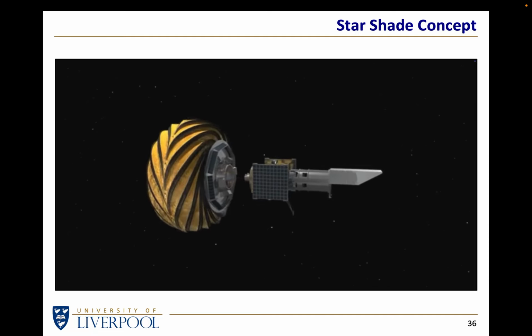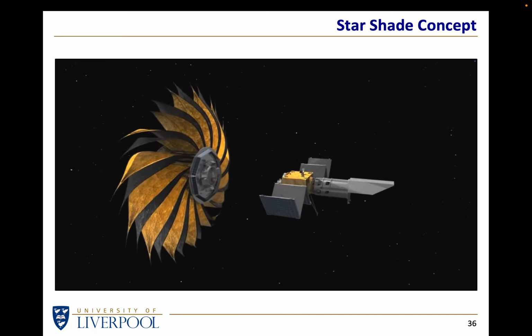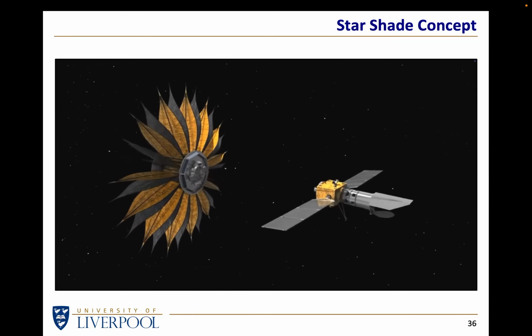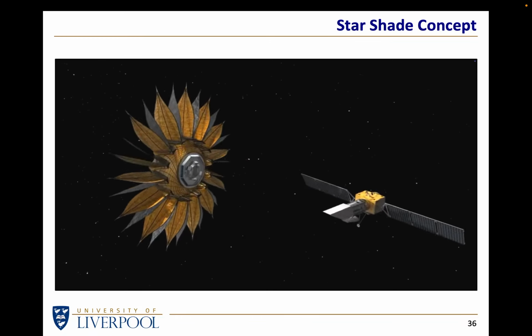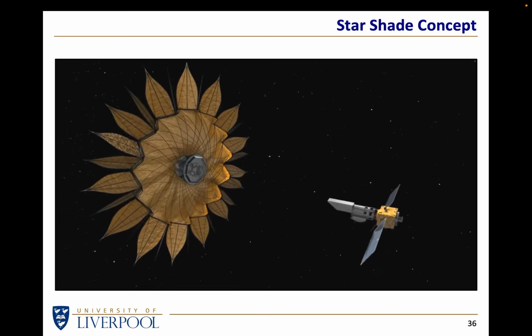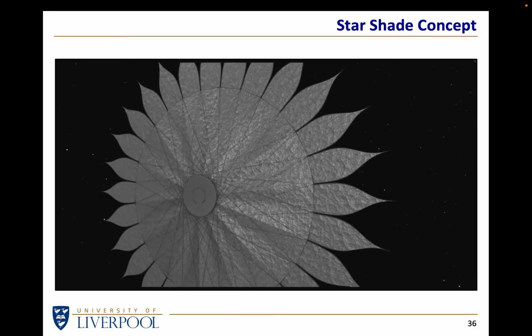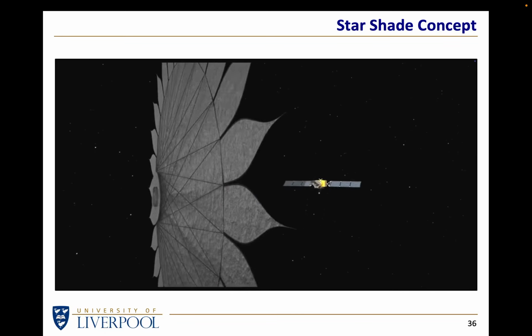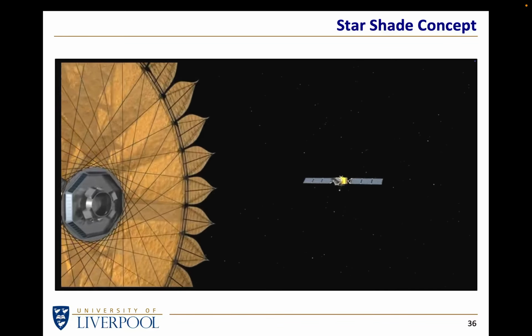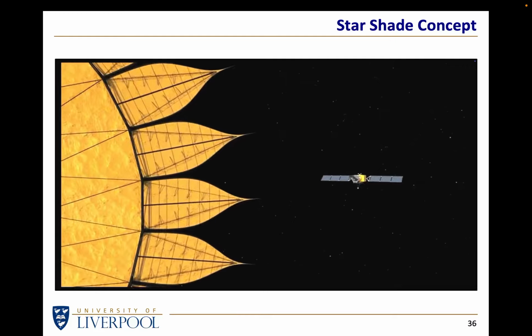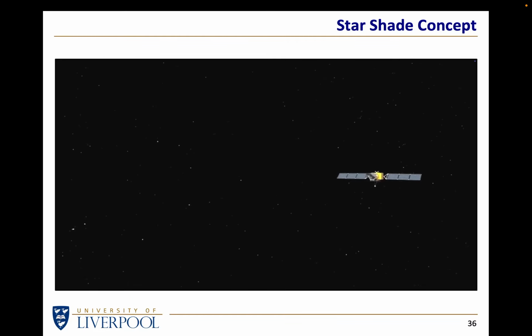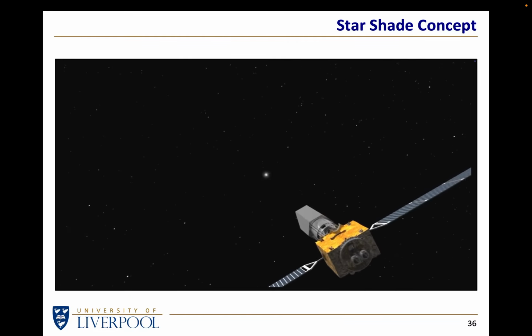So one idea is, don't have the occulting disk inside the telescope, do it differently. Have the occulting disk outside the telescope. One thought is to have Nancy Grace Roman and a star shade which unwraps itself and produces a shade 100 meters in diameter. You then fly it 50,000 kilometers away until it's far enough away to just cover the star that you want to block.